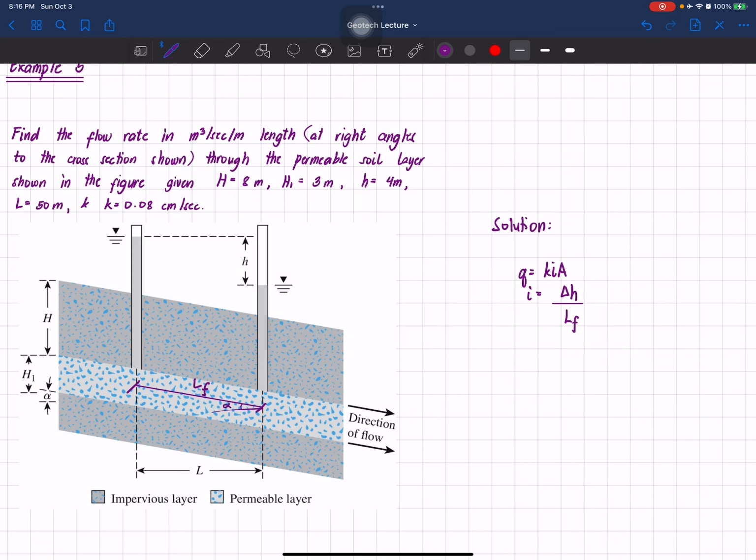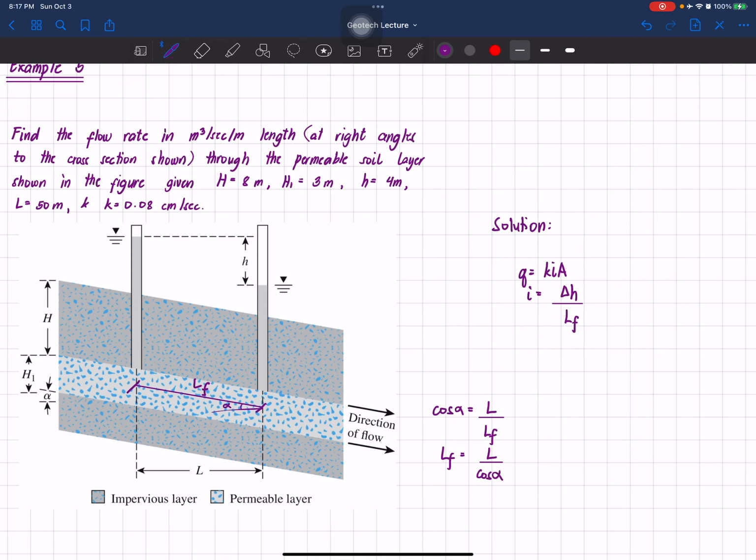Ayan. So, your L now, or your LF, considering that triangle na ma-form dyan, cosine alpha is equal to adjacent L all over hypotenuse, LF. So, your LF now is equal to L all over cosine alpha.